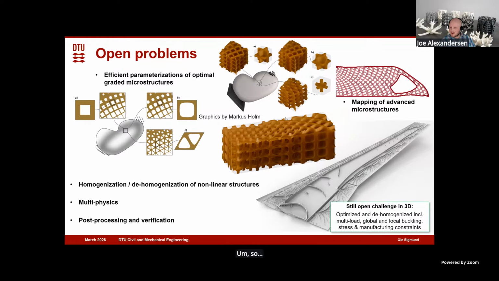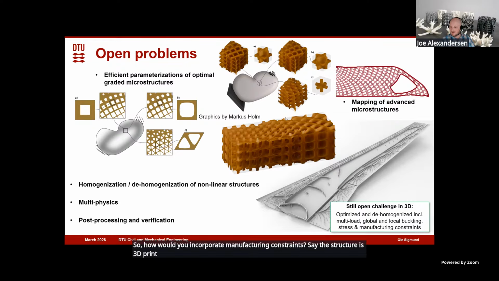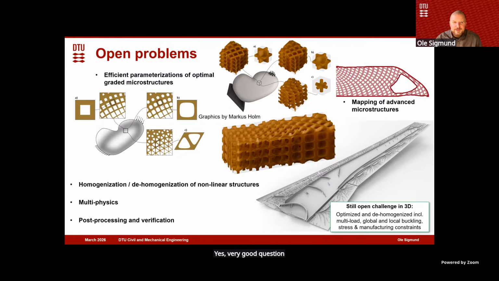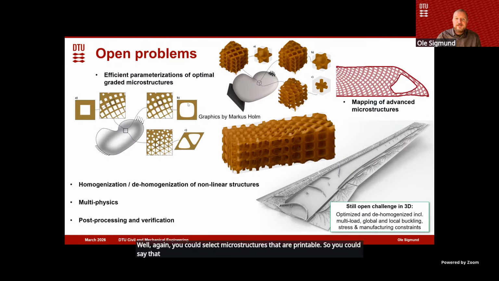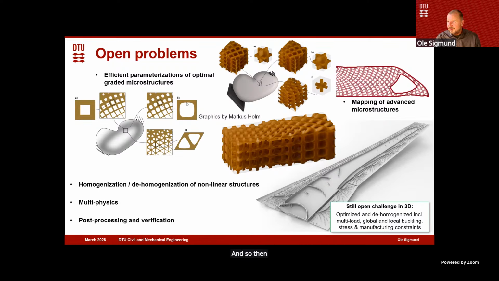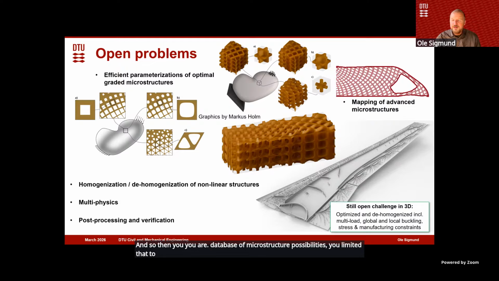So how would you incorporate manufacturing constraints? Say the structure is 3D printed and the structures must come from the toolpath of a robotic arm. Yes, very good question. So you could, again, select microstructures that are printable. So you could say that you cannot accept a microstructure that has this overhang. And so then your database of microstructure possibilities, you limit that to locally manufacturable structures.